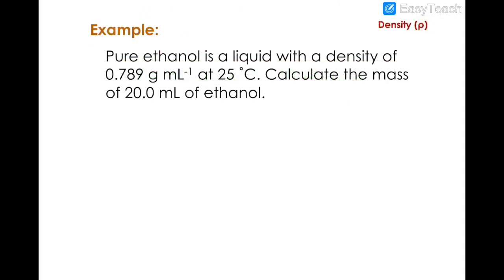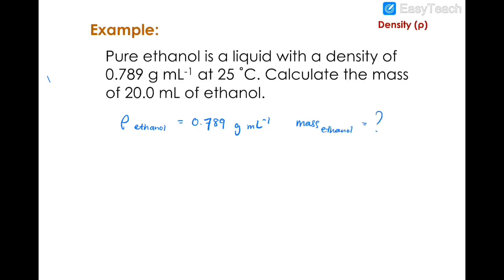Okay, example for density now. So given to you is a pure ethanol which is a liquid with a density of 0.789. So density dia punya simbol adalah rho. So density of ethanol kat sini adalah 0.789 gram per milliliter. And then you are asked to look for the mass of ethanol.